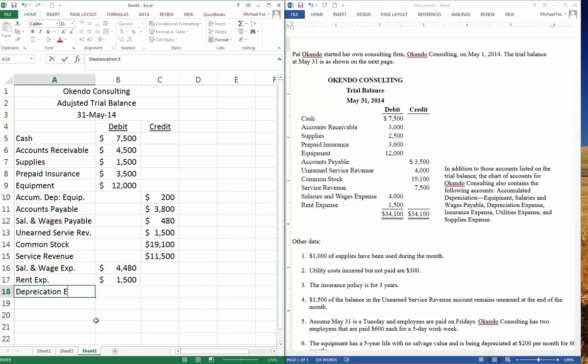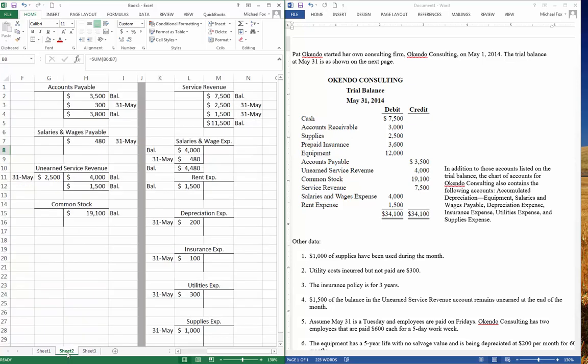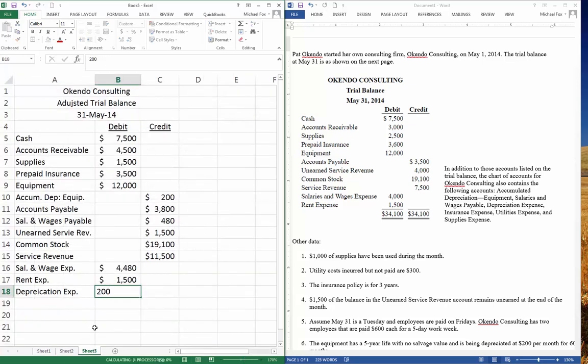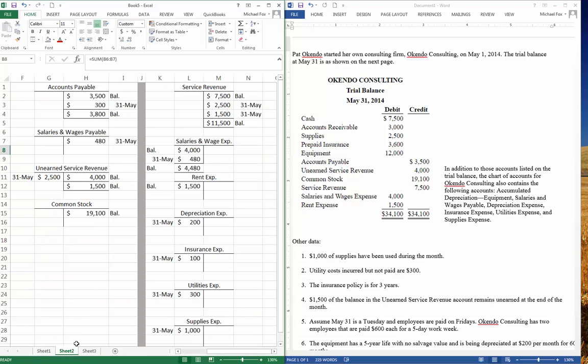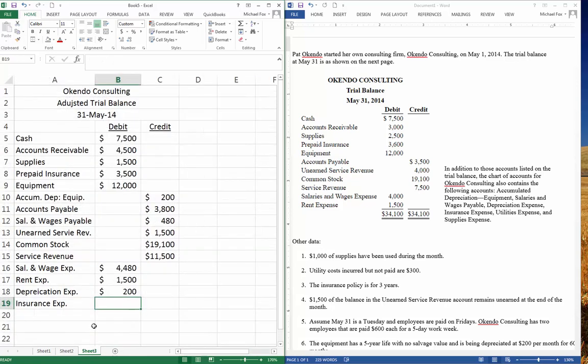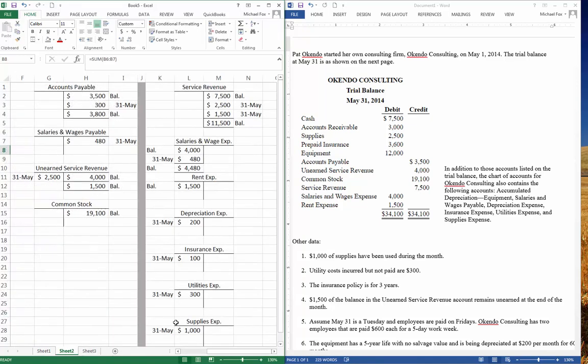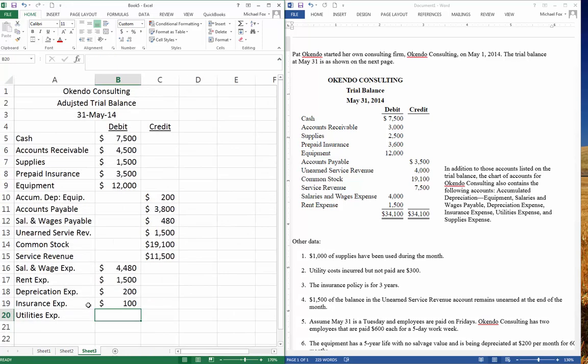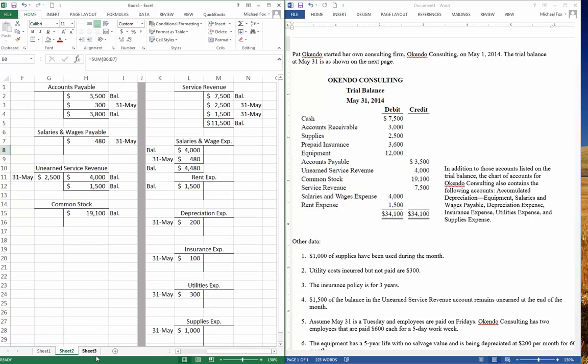Depreciation expense, 200. Insurance, 100. Utilities, 300. And supplies expense, not supplies. That's 1,000.